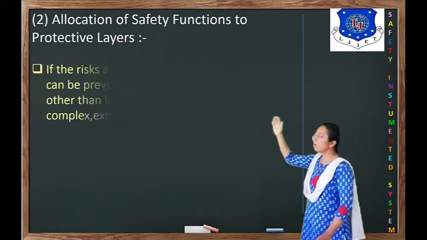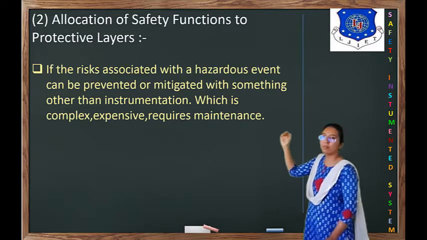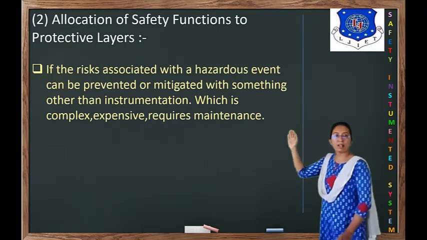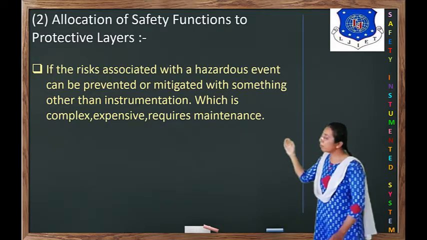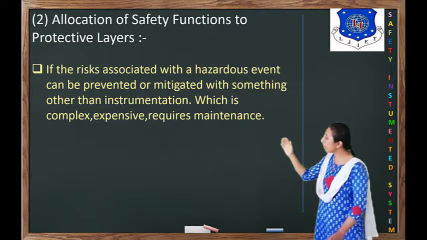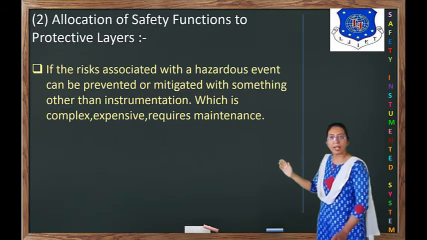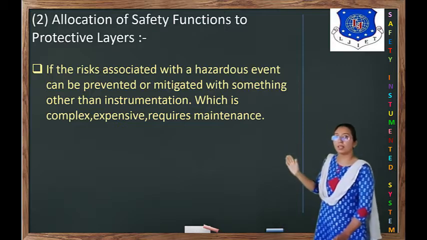Second, allocation of safety functions to protective layers. If the risk associated with a hazard event can be prevented or mitigated with something other than instrumentation, which is complex, expensive, and requires maintenance, that is preferred.